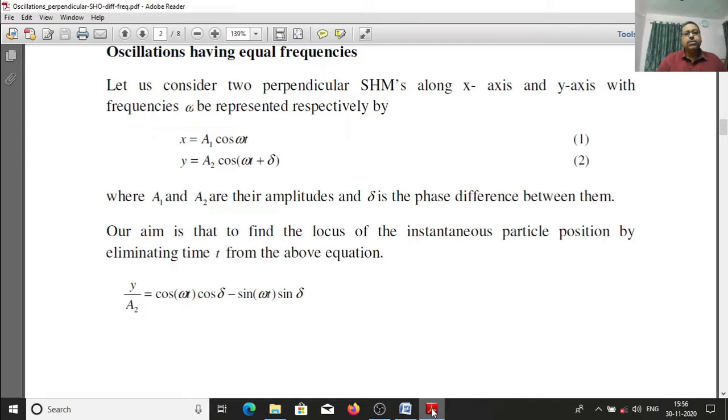Now our aim is to find the locus of the instantaneous particle position by eliminating time t from the above equations. From equation 2, y by a2 equals cos omega t cos delta minus sin omega t sin delta.